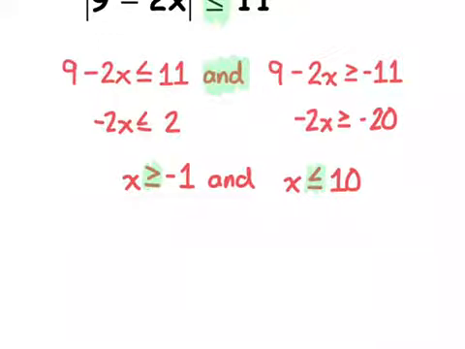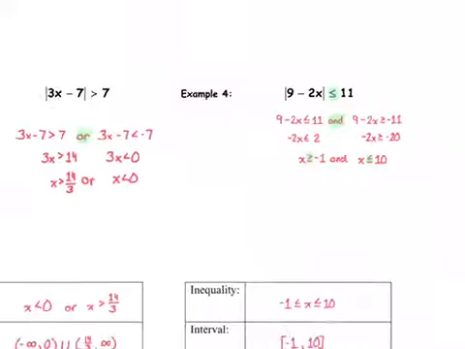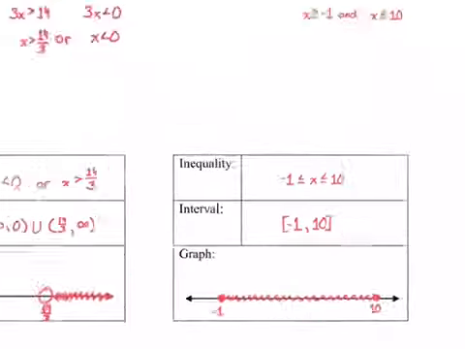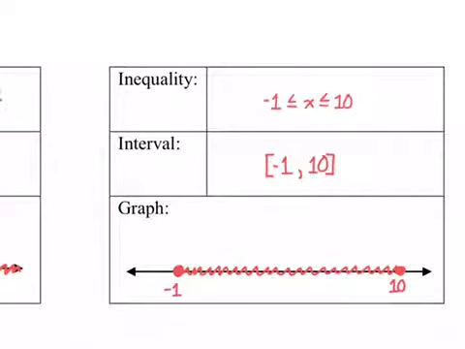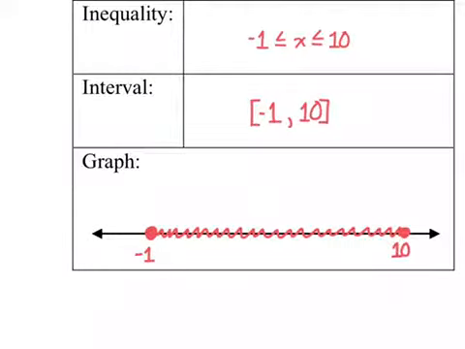If you don't do that, we won't end up with the right graph and the right interval. So my answers are going to be greater than or equal to -1 and less than or equal to 10. You see what that graph looks like. There's one interval that's shaded in, so my interval should reflect what I'm seeing on the graph.